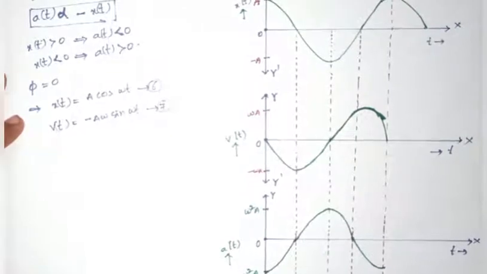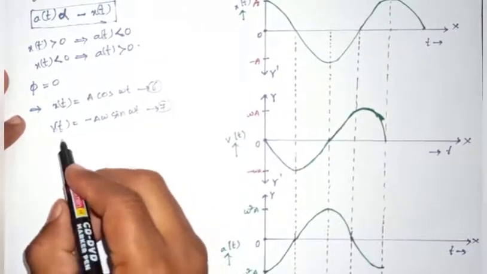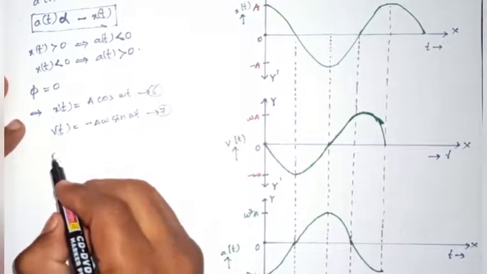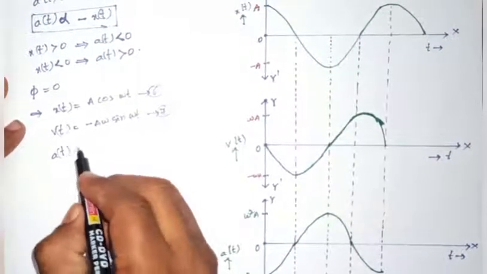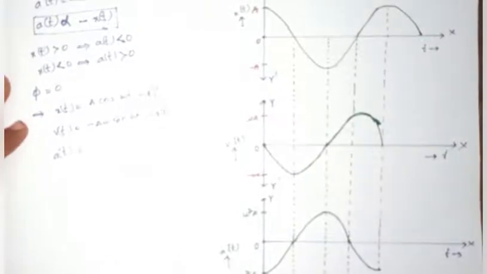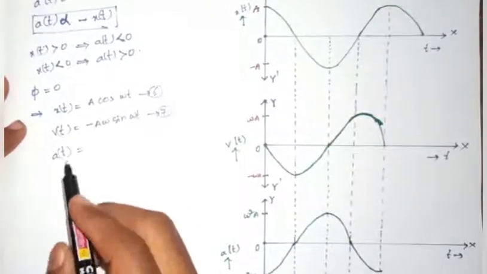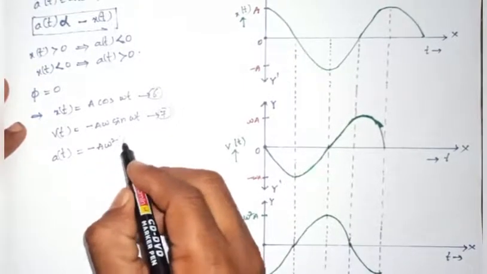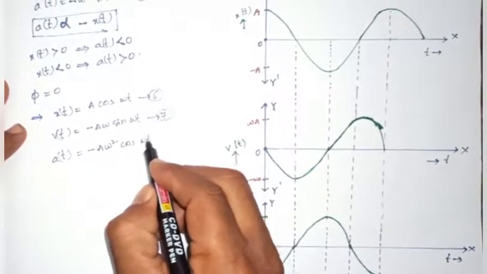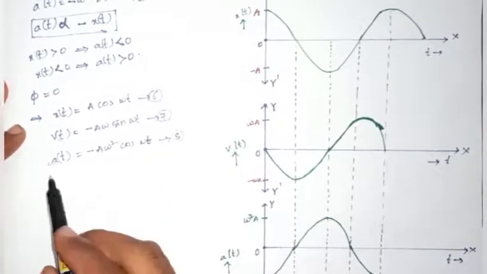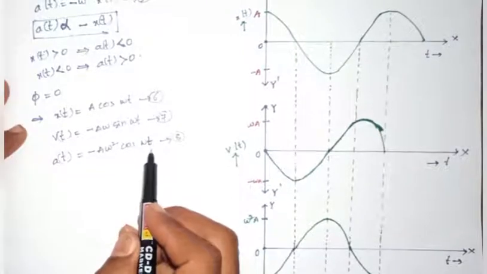And equation number 4 becomes a of t equals minus a omega square cos omega t. So this is equation number 8.